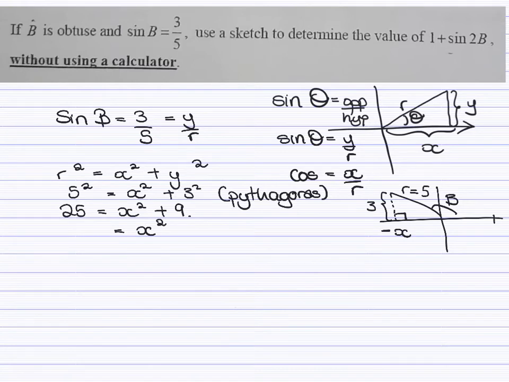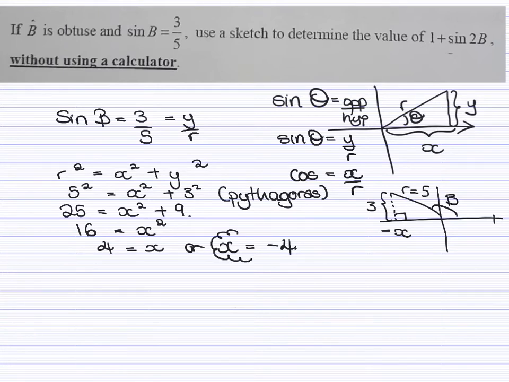Making x the subject of the formula, we're now at the point where we have x squared is equal to 16. Now, whenever you take the square root of a number, you're going to get a positive value. So it's either x is equal to 4 or x is equal to -4. Now, based on the positioning of our angle, it's obtuse, that means our x has to be negative.